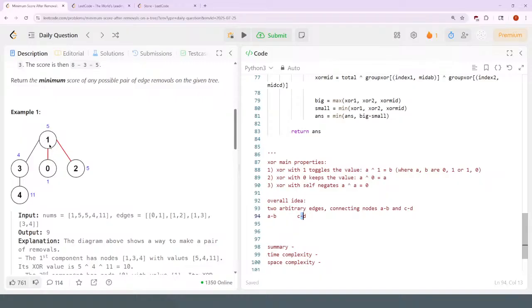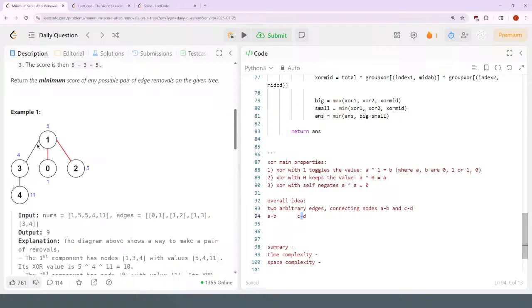So, for instance, if I select these two edges, then technically node 1 is in the same group formed from both these two edges being eliminated, and then nodes 0 and 2 are side groups. So there's one group in between, and two groups on the side.